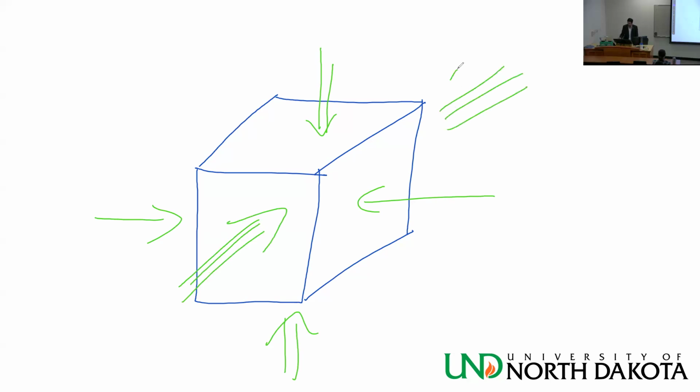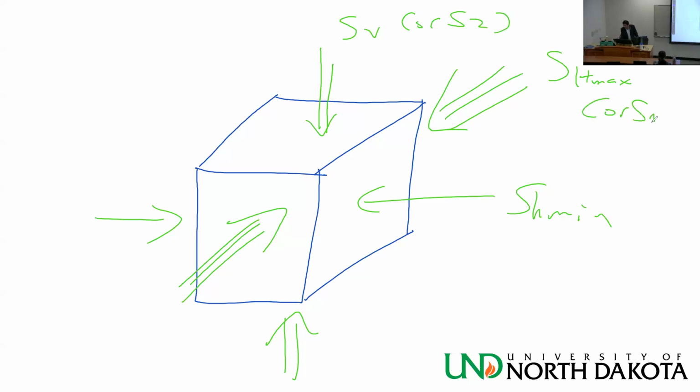The relative magnitude doesn't matter. I just want to show you the concept. You either have SV, SH max, SH min, or you may have S1, S2, S3. You can use any kind of nomenclature, but these are external stresses applied on the REV. They are not coming from within the REV.